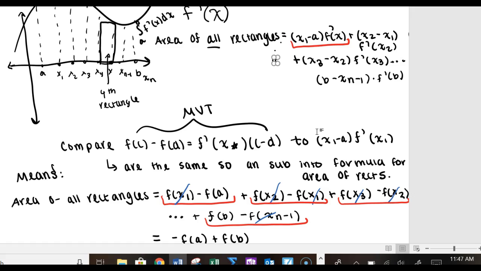A family of antiderivatives is described by an indefinite integral, an integral without the limits of integration. A definite integral is equal to a number, and that number is just the net signed area bounded by this curve. So that's a very good question, but the family of antiderivatives is the indefinite integral.